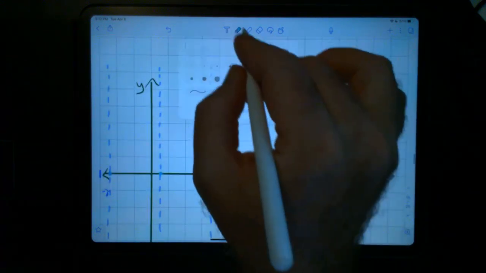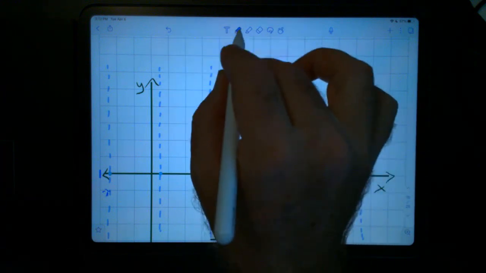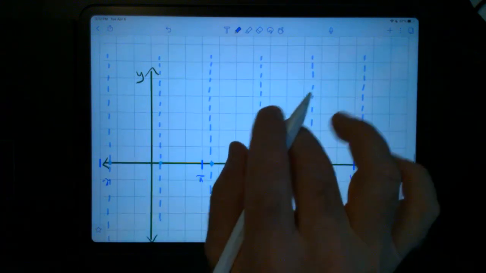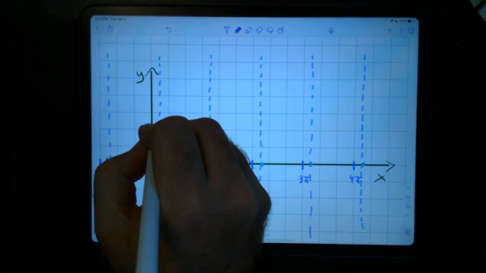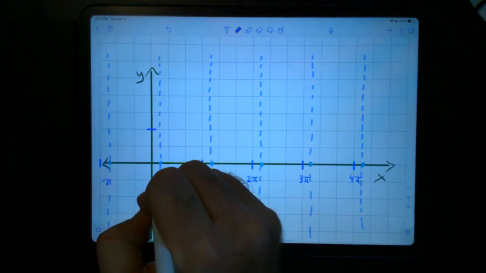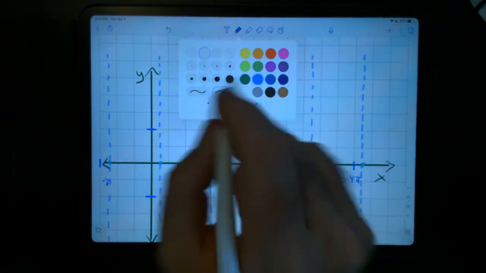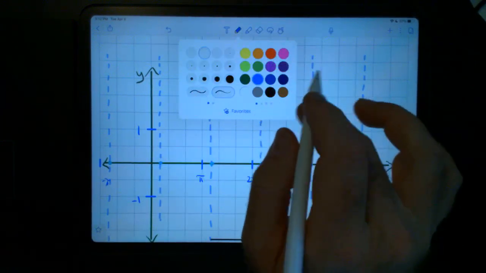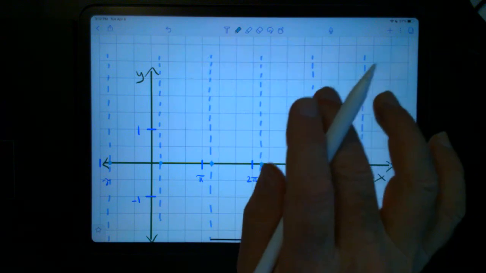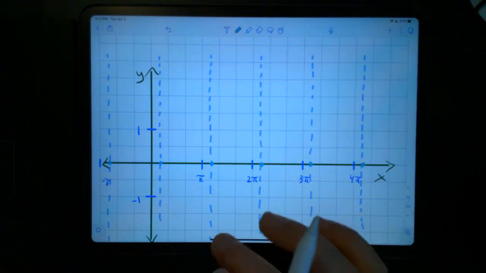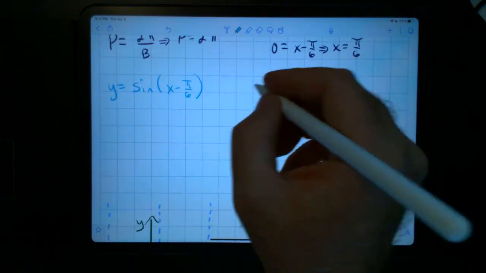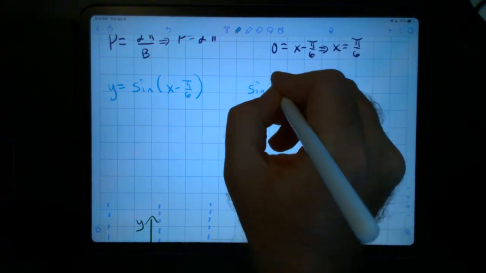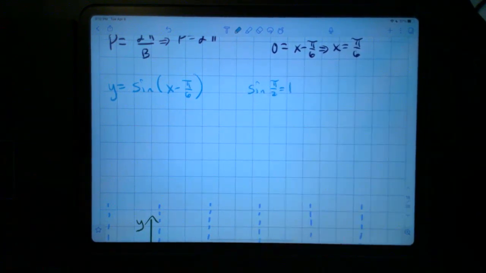And to get a maximum, since your A is 1, your amplitude is 1. So we know that sine of pi over 2 equals 1.